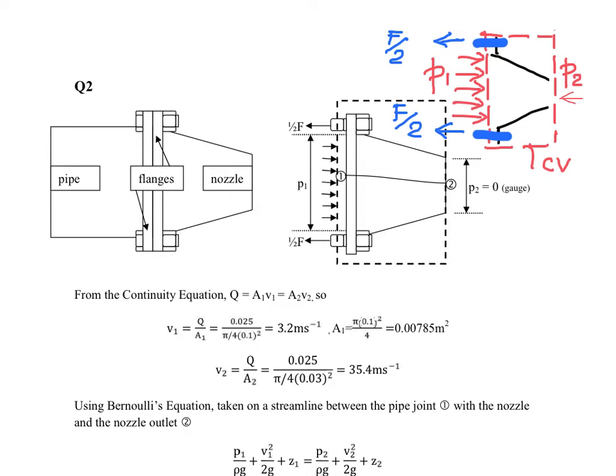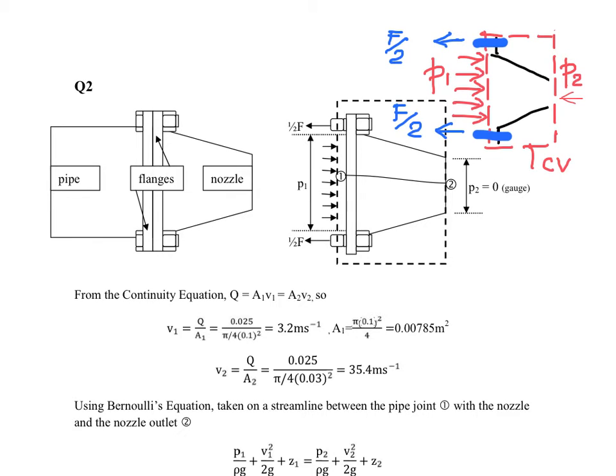It's very important that you show the sketch. This will help you focus on the question and the important forces, especially the momentum force. Now let's get back to continuing the solution.